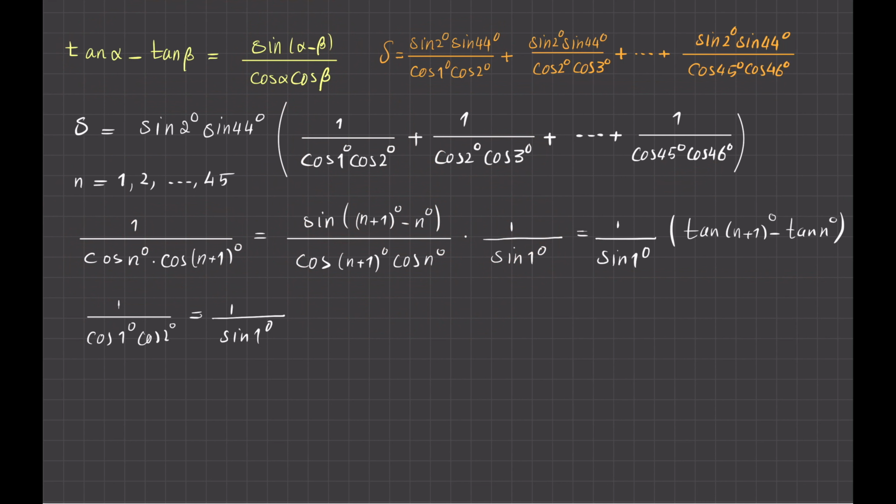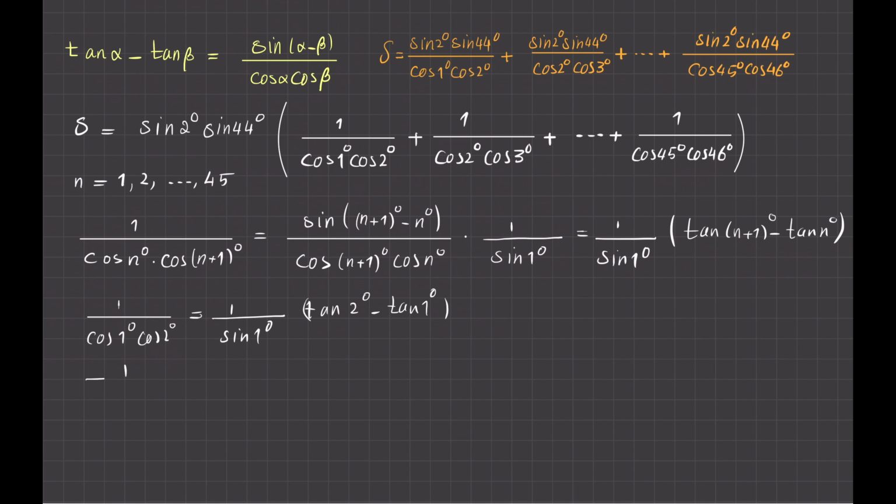So what I'm going to do now, compare this one with this one we got. Here in this problem n is 1. So I put n equals 1 in the result. So it becomes tangent of 2 degrees minus tangent of 1 degree. Okay.